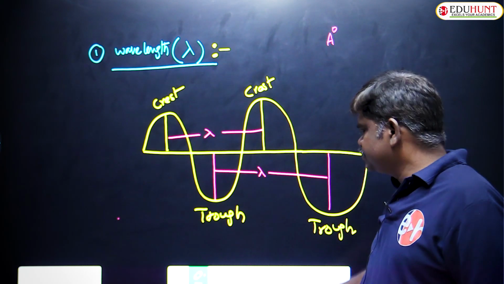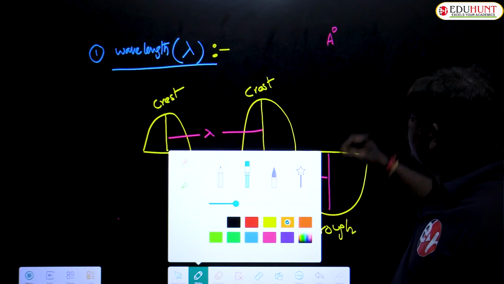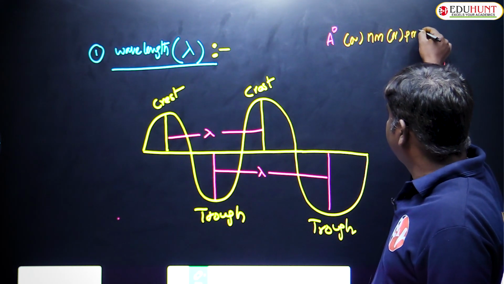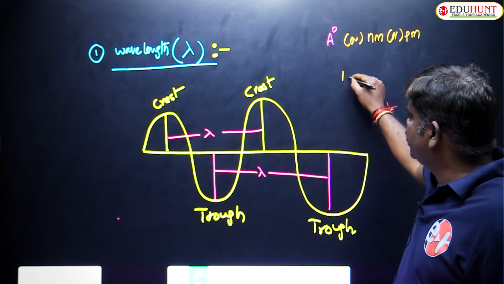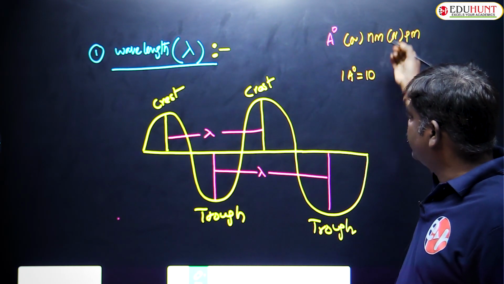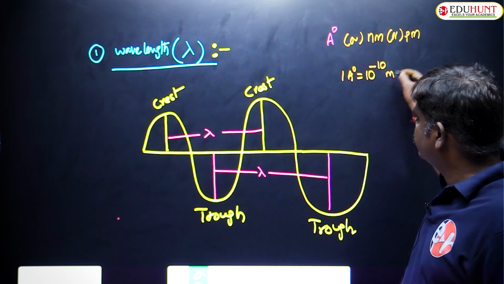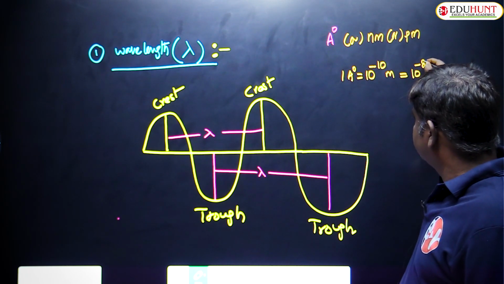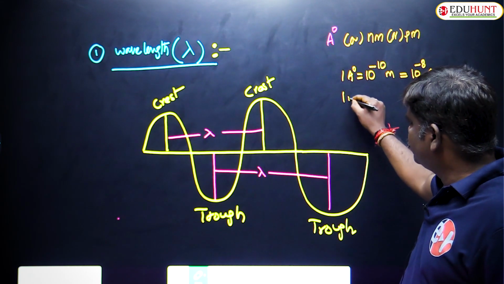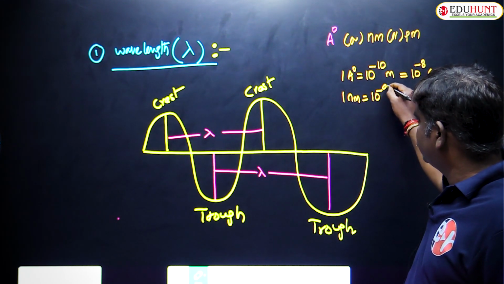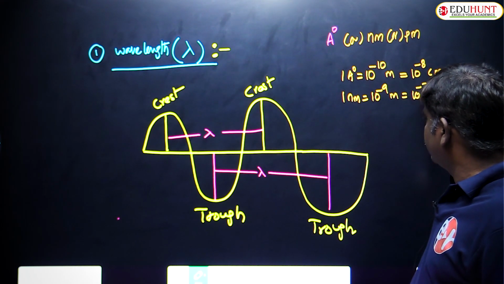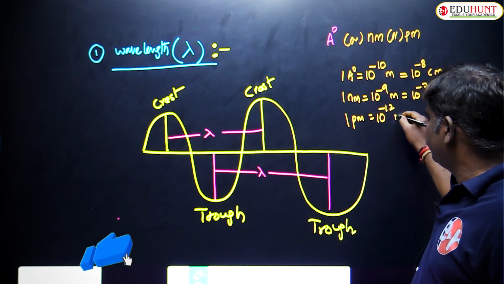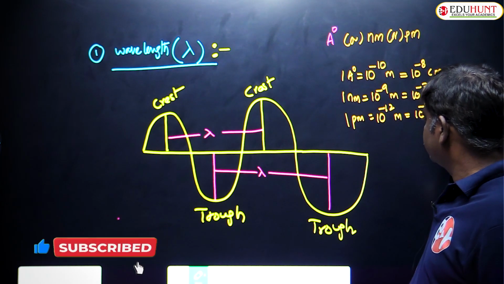The units of wavelength: angstroms, nanometers, picometers. 1 angstrom is equal to 10 power minus 10 meters, or 10 power minus 8 centimeters. 1 nanometer is equal to 10 power minus 9 meters or 10 power minus 7 centimeters. 1 picometer is equal to 10 power minus 12 meters or 10 power minus 10 centimeters.